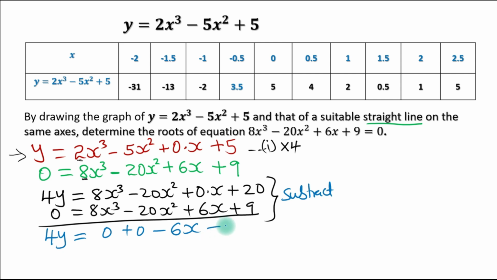Then 20 minus 9, we get plus 11. So we get 4y is equal to minus 6x plus 11.